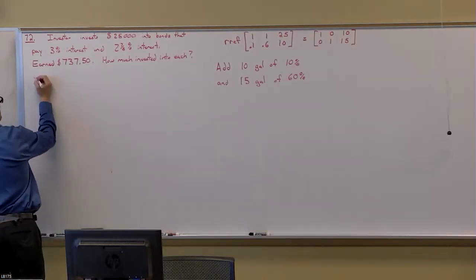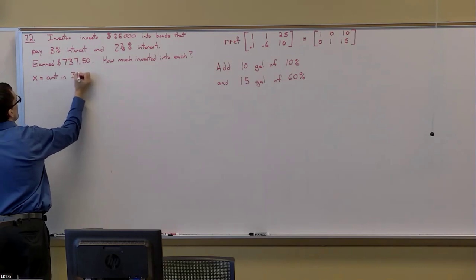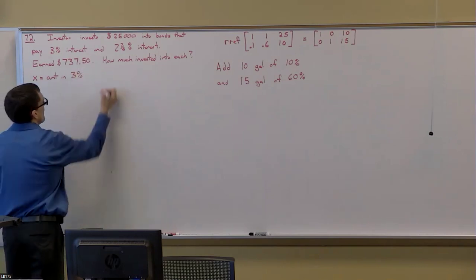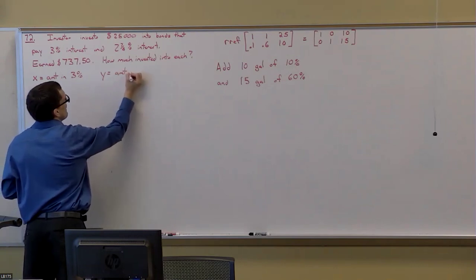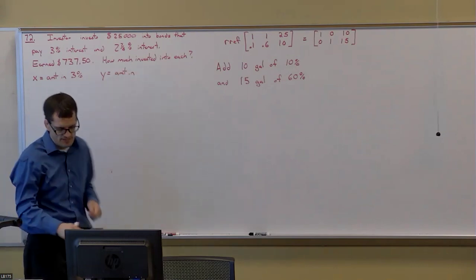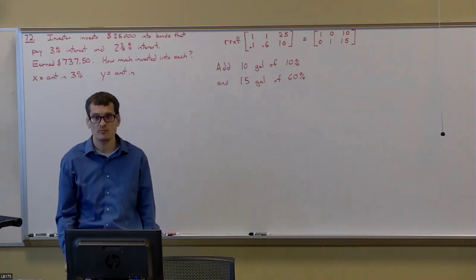So I'm going to use X and Y again. You can use whatever letters you want. X is the amount in the 3% account, and Y is going to be the amount in the 2 7/8. Now, I would rather see that as a decimal.